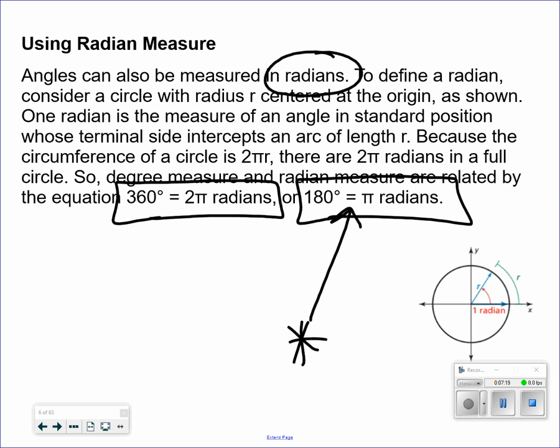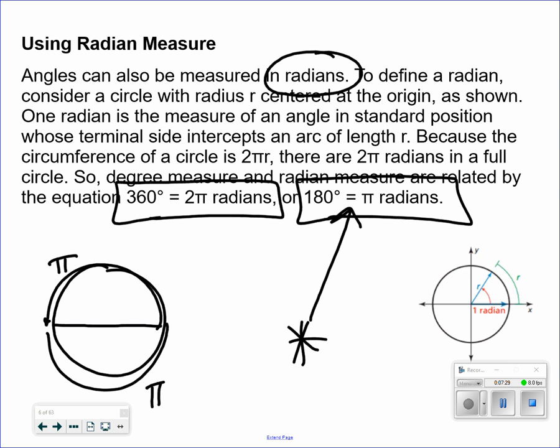What that means is, in a circle, if you went half of the circle going around, that is pi, and the other half is pi. So a full circle is 2 pi, and a half a circle is pi.